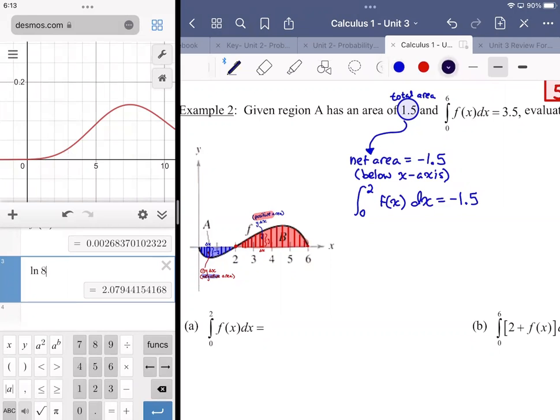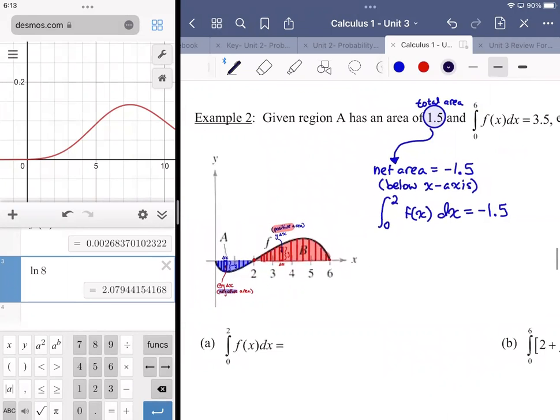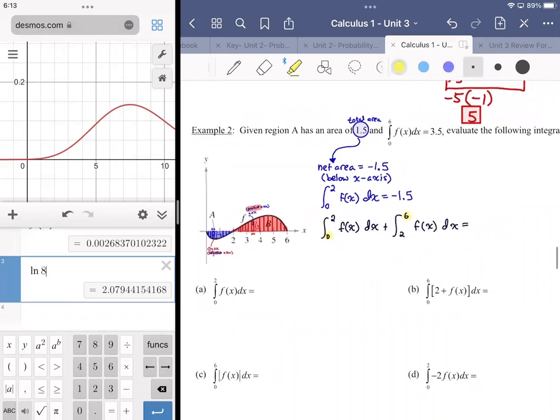So if I take the integral over the interval of 0 to 2 of f of x dx and add to it the integral over the interval of 2 to 6, going the rest of the way, of f of x dx, that would give me really just going from beginning to end, all in one shot. So this would be equivalent to the integral over the interval of 0 to 6 of f of x dx.